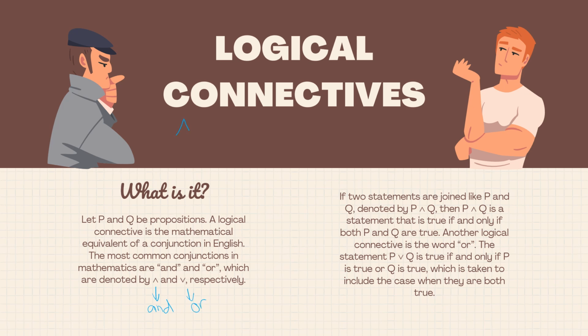It looks like A but without the line in the middle. This is and. This looks like letter V. This is or. This sign is also called conjunction, and this sign is also called disjunction.